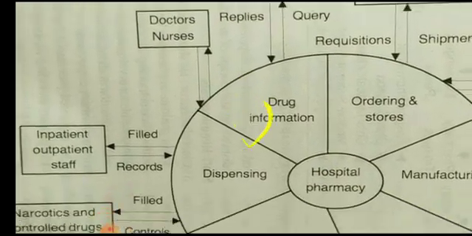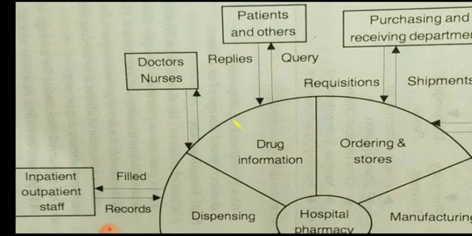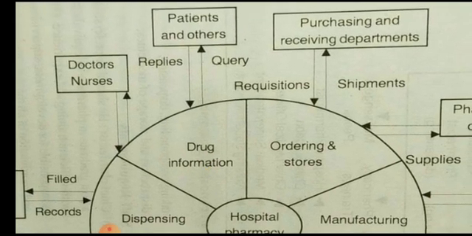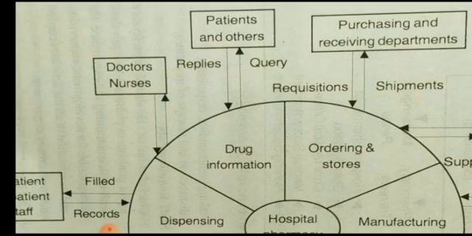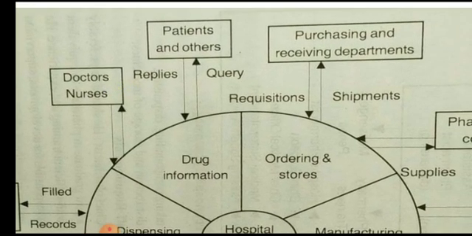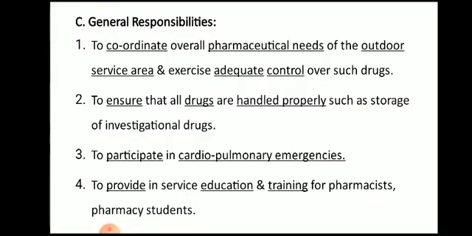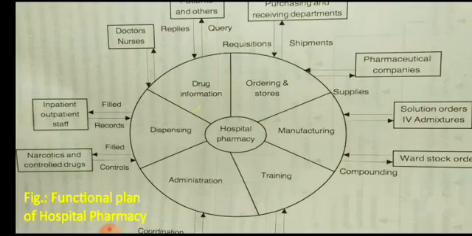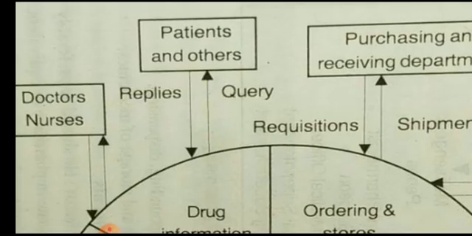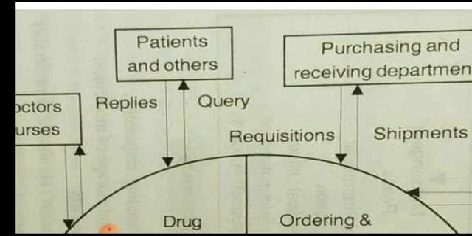And another important one is drug information. It should be given to the patients as well as the doctors or nurses. So again it is bidirectional. If the doctors or patients have any queries or any problems, they have to be properly answered.